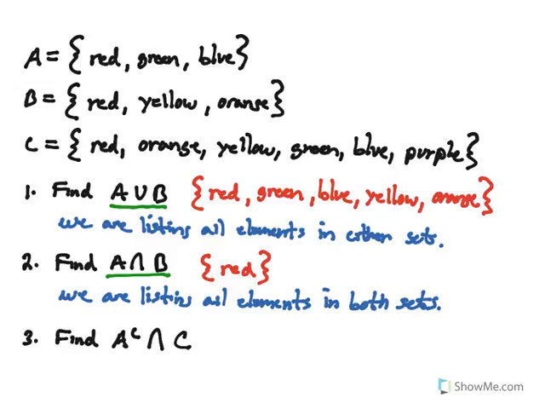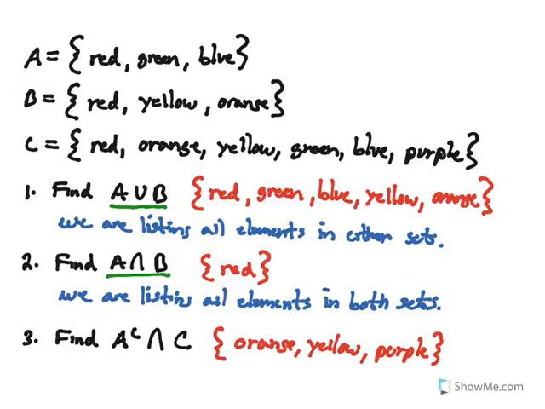So again, if you look at set A and set C, let me list the colors here. Orange, and we have yellow, and then we have purple. All right. Okay, so let me write this down first. This is what we're looking for, so you understand what I'm saying.